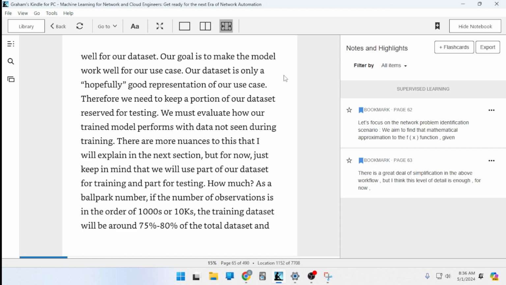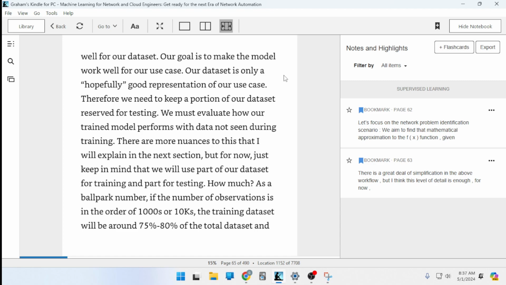Therefore, we need to keep a portion of our data set reserved for testing. We must evaluate how our trained model performs with data not seen during training. There are more nuances to this that I will explain in the next section. But for now, just keep in mind that we will use part of our data set for training and part for testing.